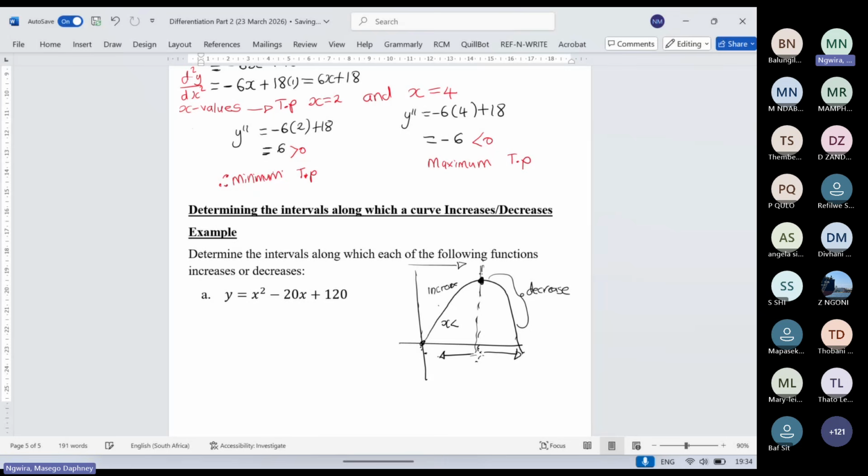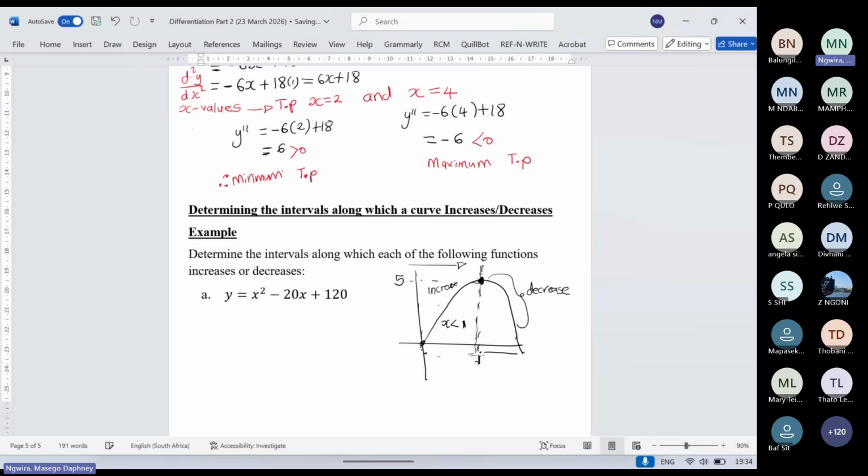If this point here, the turning point, is 1, and then maybe here it's 5. When I want to say the graph is increasing, I'm going to say x is less than 1. Why am I saying negative? x is less than 1.